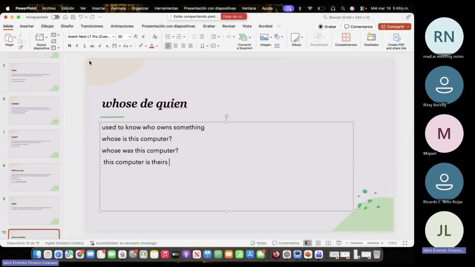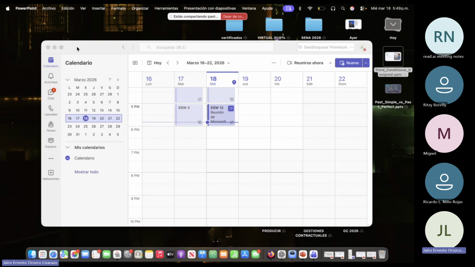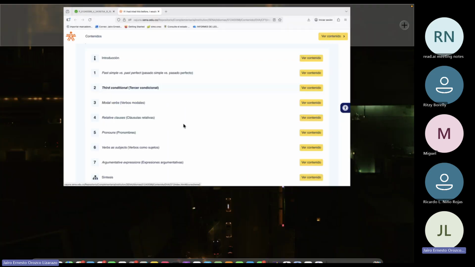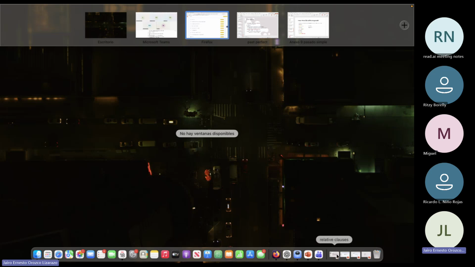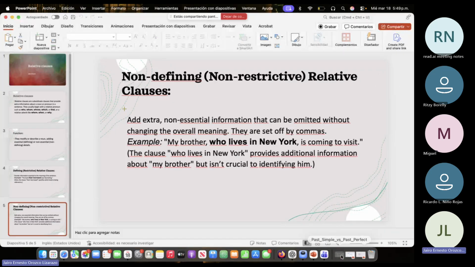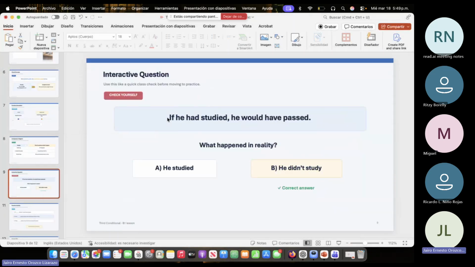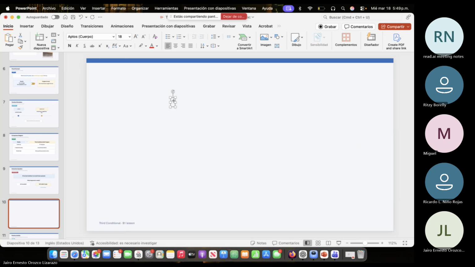All right, so third conditional is talking about regret. That is basically past perfect. The only thing that we add is basically the conditional if.